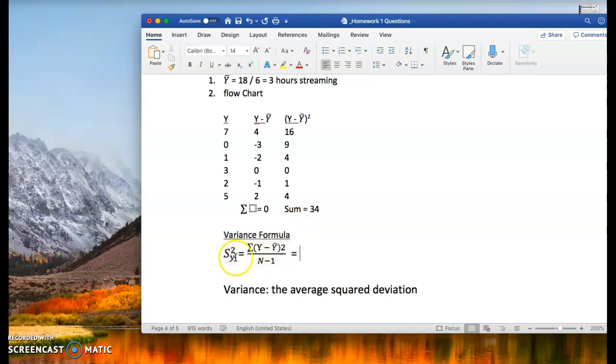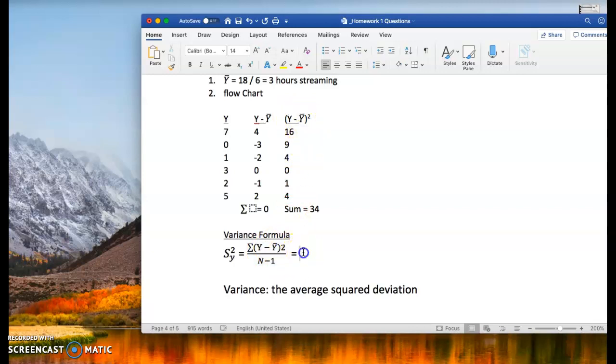This is the variance formula, like I mentioned. This is the symbol that we use for the variance. Sometimes you'll just see s squared, so just be aware of that. But usually you'll see the s squared and sub y. Anyways, at the top you have sigma y minus y bar squared. That should look familiar to you because we just did that in our third column of our flowchart.